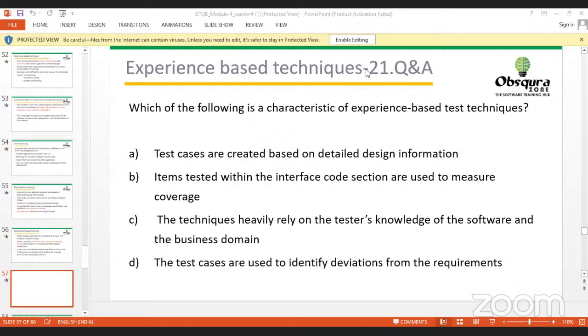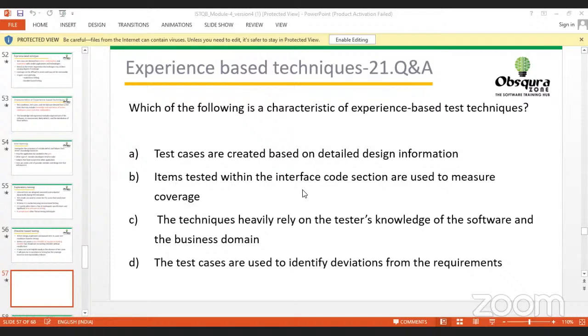So C is the correct answer. Test cases are created based on detailed design information. That is which type of test technique? Can anyone say? First option. Yes, white box testing, correct.